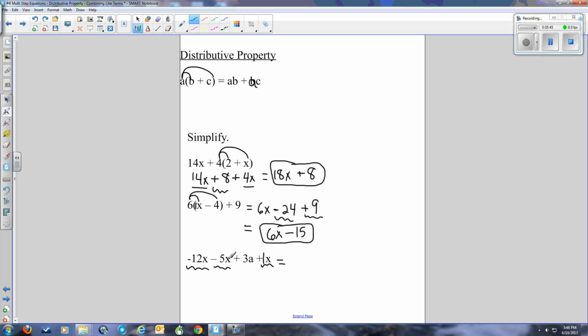Negative 12 minus 5 is negative 17. Negative 17 plus 1 is negative 16, and we'll have to put the x after it. We still have this plus 3a here, so we're going to tack that onto the end. Negative 16x and 3a are not like terms, so we have simplified this as much as we can.